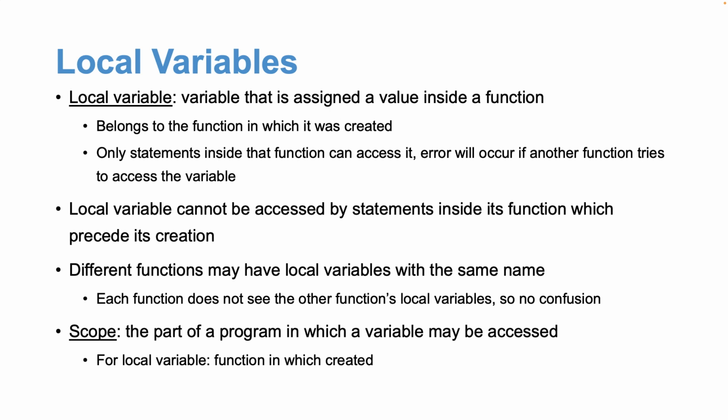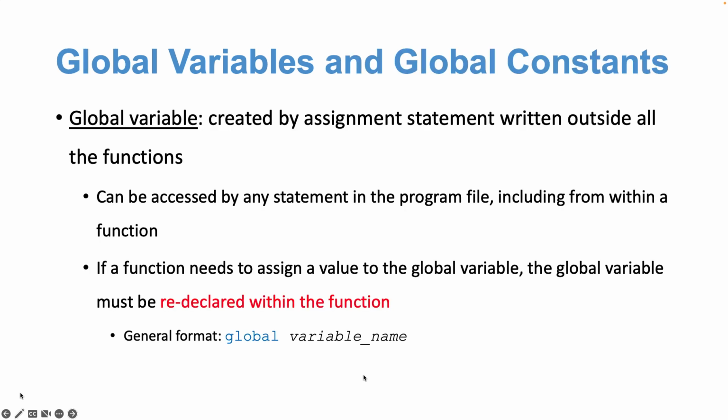So basically, any variable that we create within a function is only going to work within the scope of that function. Now, in contrast to local, a global variable is a variable that's been created outside of all of the functions.